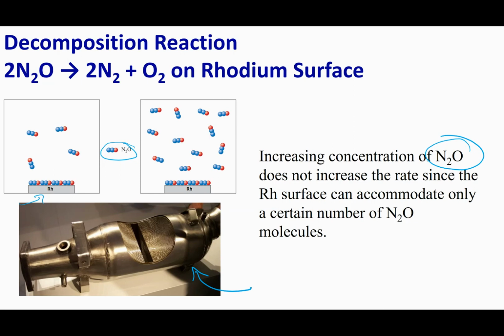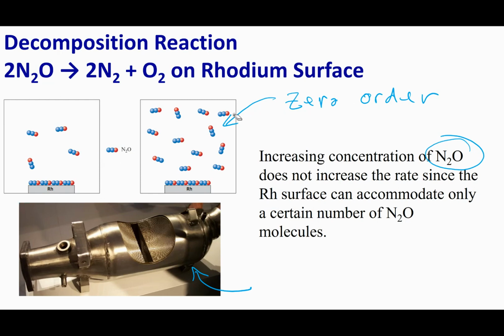But what's interesting about these heterogeneous catalysts is that they make reactions 0 order. If you take a look at this, what you will note is if we did the chemical kinetics of this, N2O is 0 order. That means the concentration of N2O does not matter.